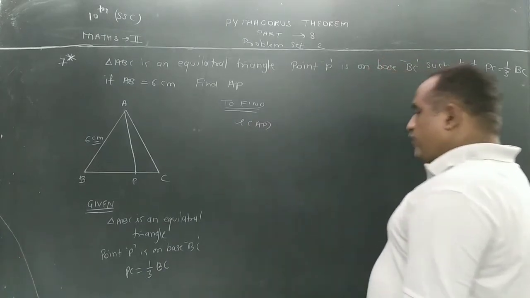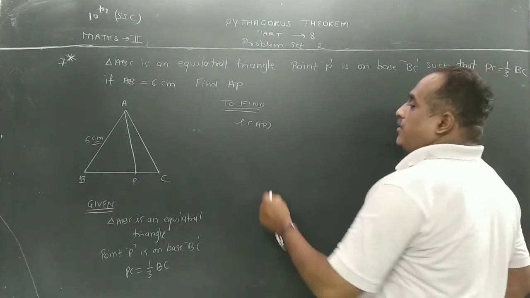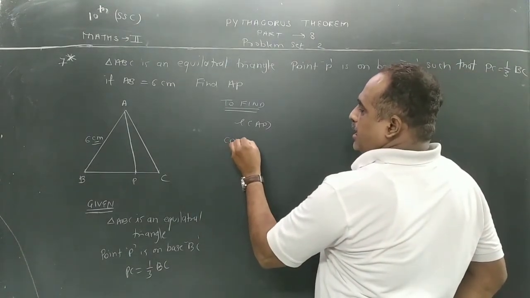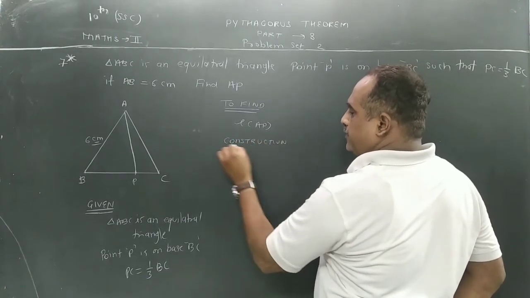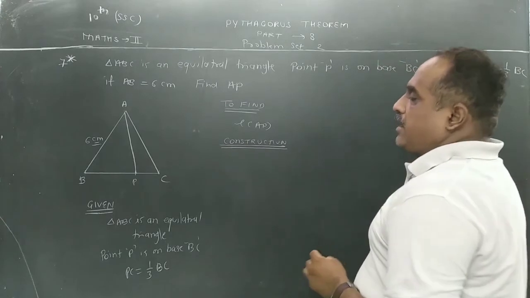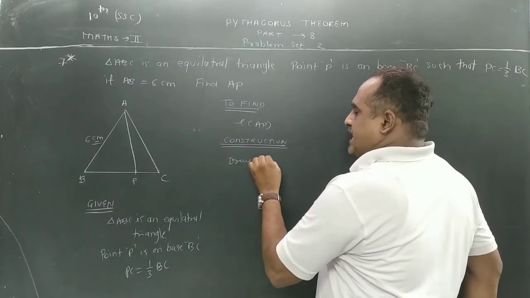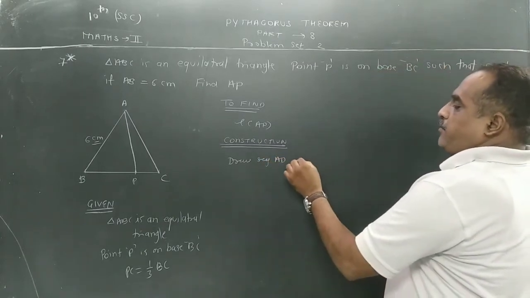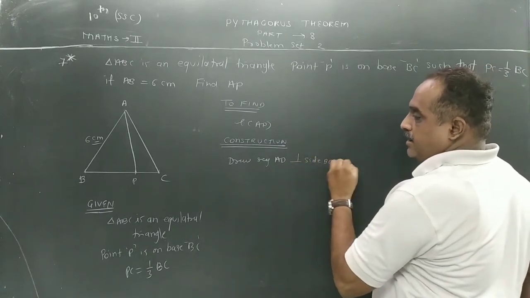Then what we'll do, we'll do a construction. Construction: draw segment AD perpendicular to side BC.